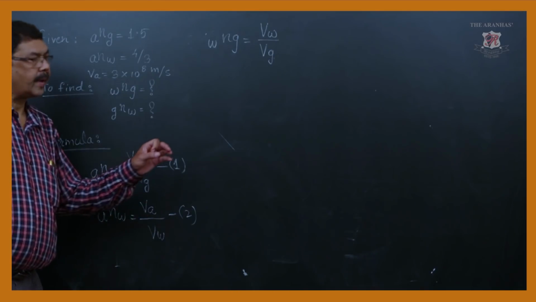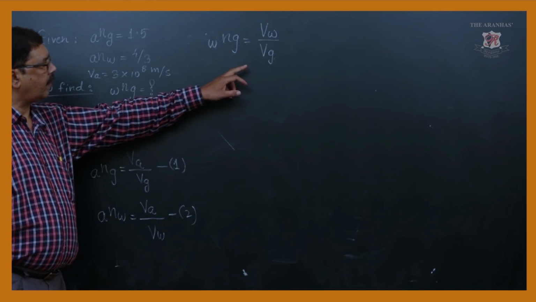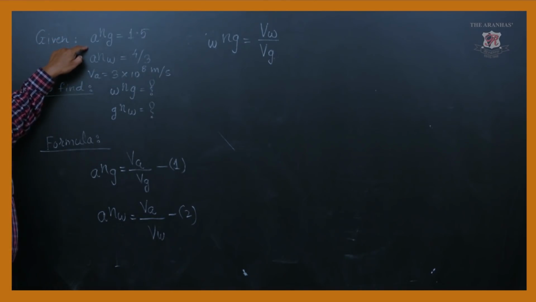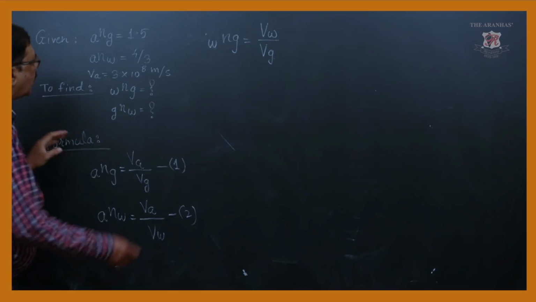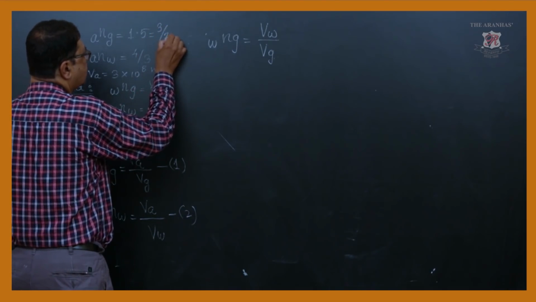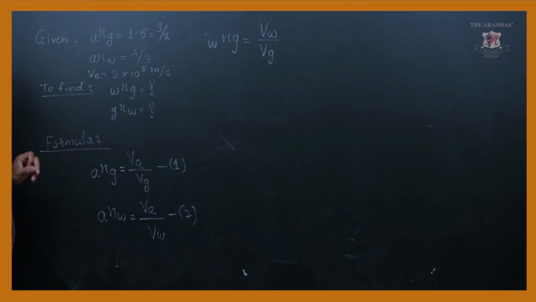How can I modify this formula in terms of these? Let us check. I will write 3/2 here for 1.5, for easier calculations.